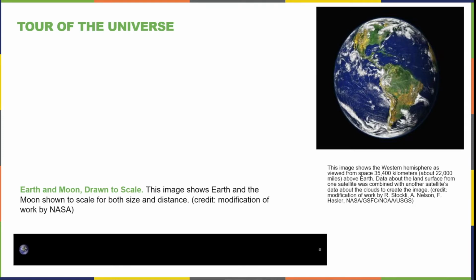Let's start with the one nearest object to the Earth, and that is the Moon. Here, the beauty of this picture is that it is to scale for both size and distance. This distance and the size of the Earth and Moon, when you draw it to scale, that's how they look.